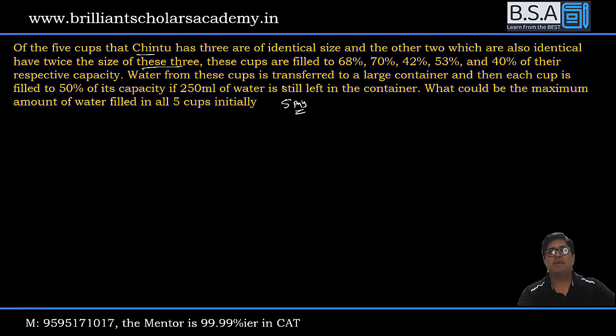Water from these cups is transferred to a large container, and then each cup is filled to 50% of its capacity. If 250 ml of water is still left in the container, what could be the maximum amount of water filled in these 5 cups initially? So go on, try.